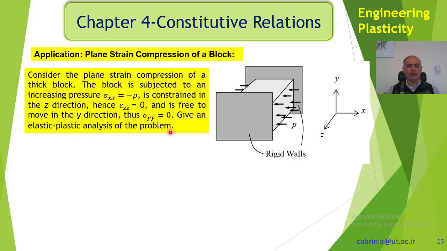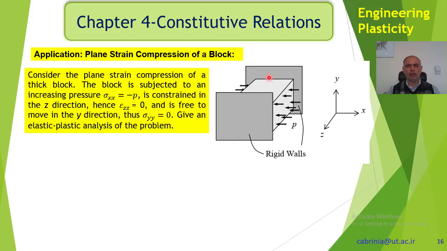That means that as the pressure increases from 0, it goes through the elastic region, and as we increase the pressure, it goes to the plastic region, and as we increase it further, the material goes through yielding. So we want an analysis of elastic plastic nature.